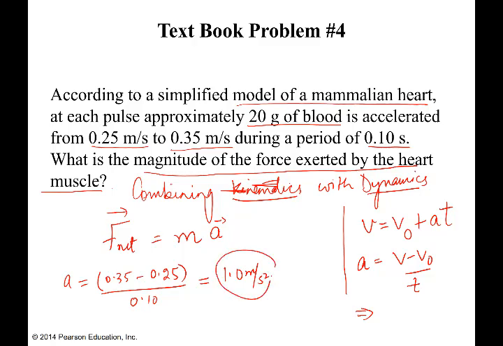At the rate of 1.0 meters per second squared acceleration, the net force is going to be equivalent to 20 grams. By the way, you can convert the 20 grams into kilograms. So mass is 20 grams, which you have to convert into kilograms. 1 kilogram is 1000 grams.